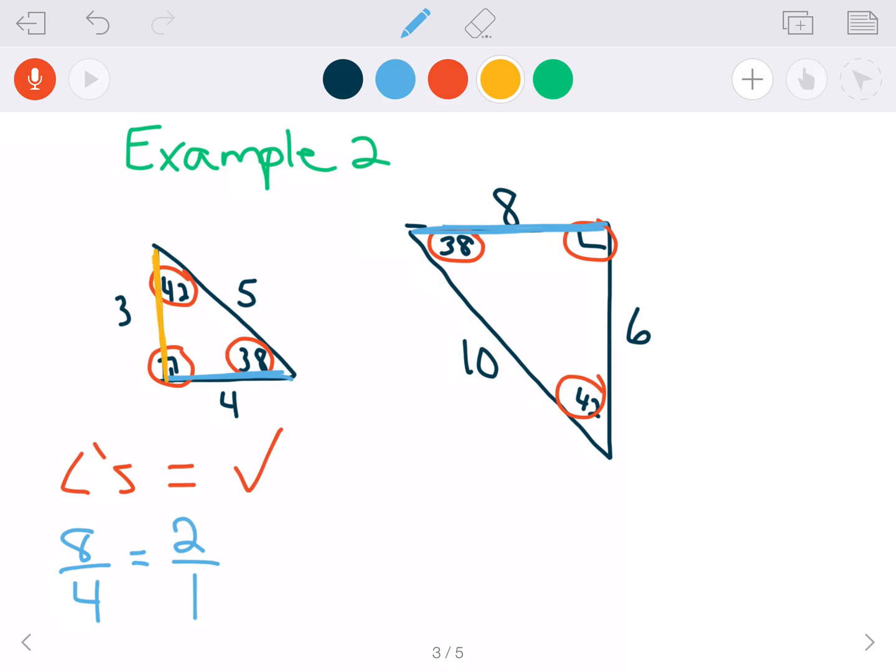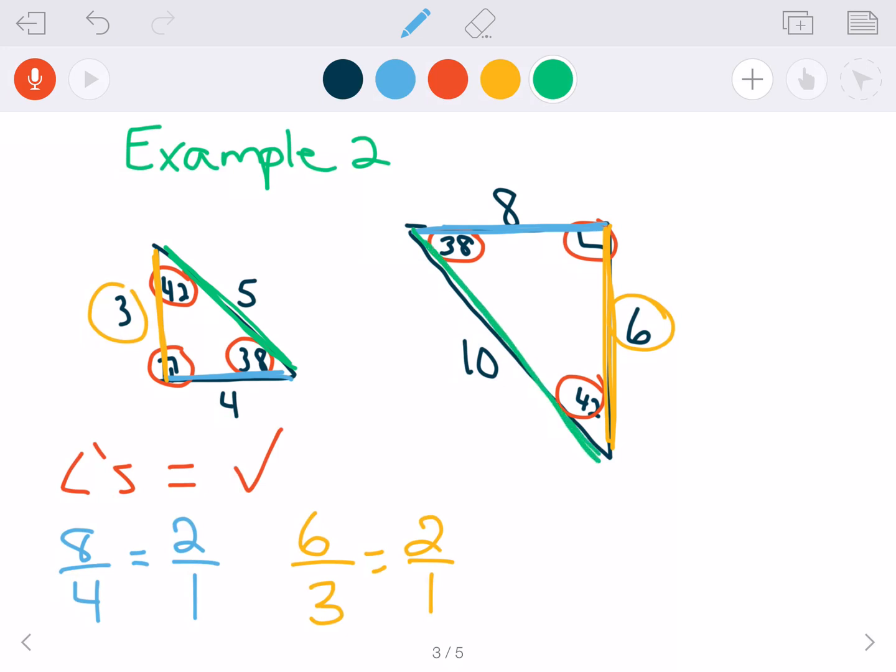But when I simplify that, I get 2 over 1. Now we're going to look at the side length that connects the 90 degree with 42. 90 degrees with 42 is this one right here. So we've got 6 being compared with 3. Again, that equals 2 over 1.